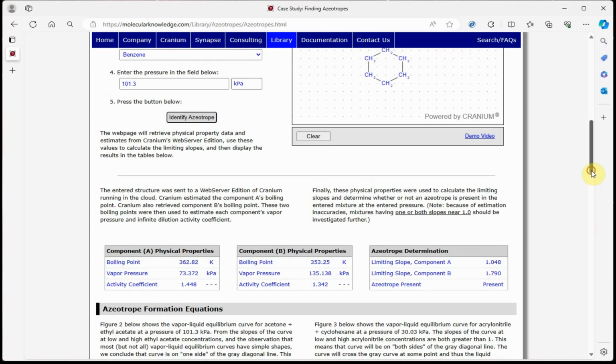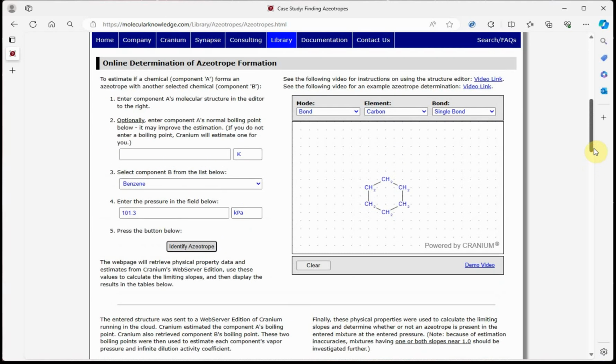Scrolling back up to our structure editor, we can repeat our example using methyl cyclohexane. We add a carbon, and bond that to the remaining structure.